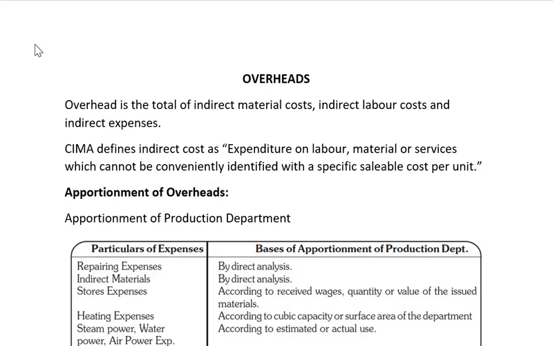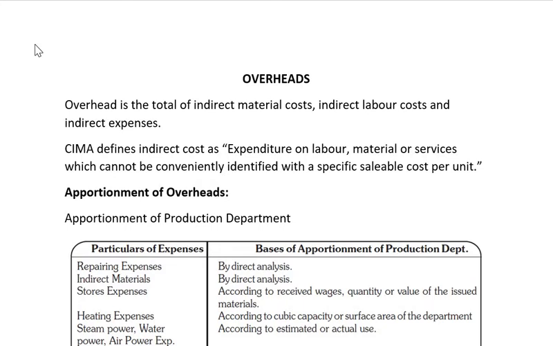But on the other hand, indirect expenses are those expenses which are not directly related to the goods produced, or you can say units produced. In case of direct expenses, as we are going to produce more and more units, that means if the units produced increase, the total direct expenses also increase.